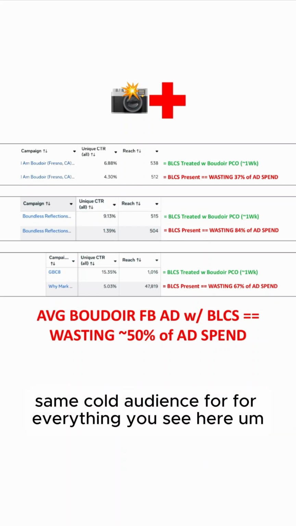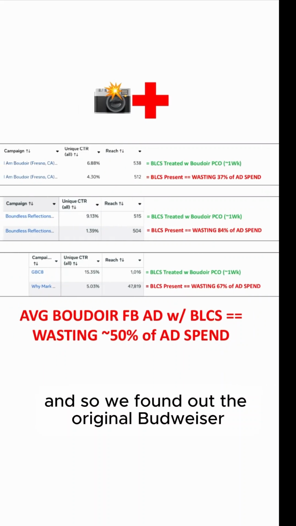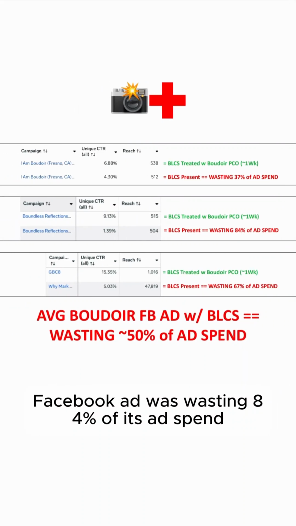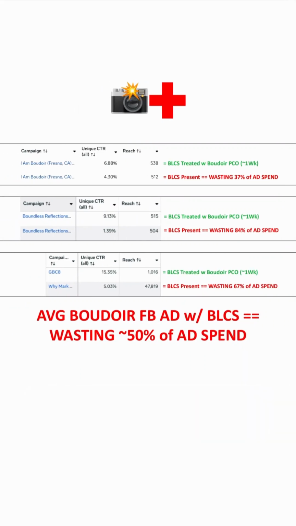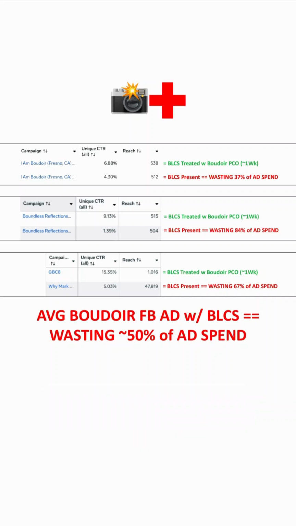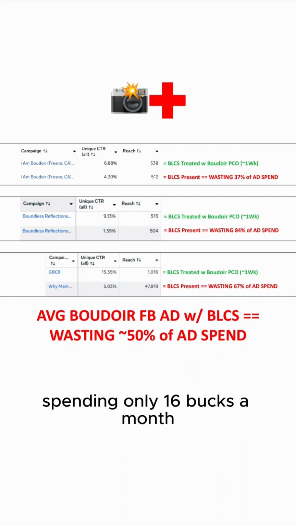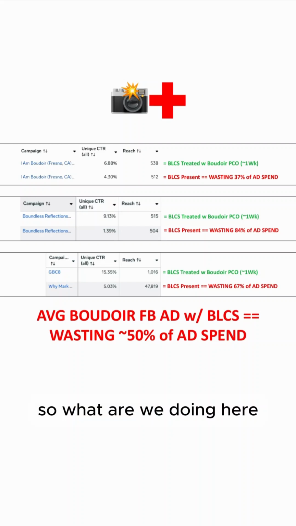It's the same city, same cold audience for everything you see here. And so we found out the original Boudoir Facebook ad was wasting 84% of its ad spend. Basically, the original Boudoir Facebook ad spent 10 grand a month. Instead of doing that, we can actually run the Boudoir Pico treated ad spending only 1,600 bucks a month. So what are we doing here?